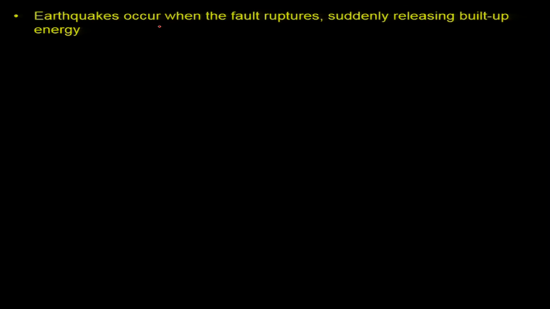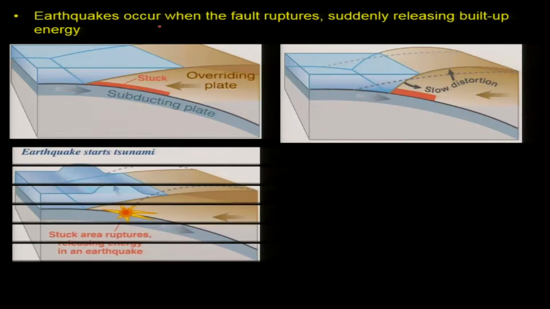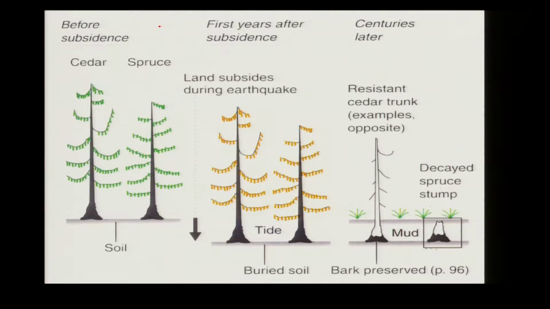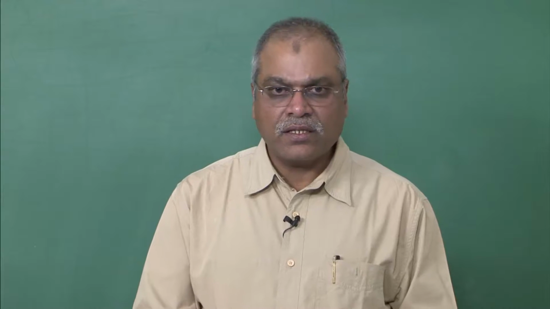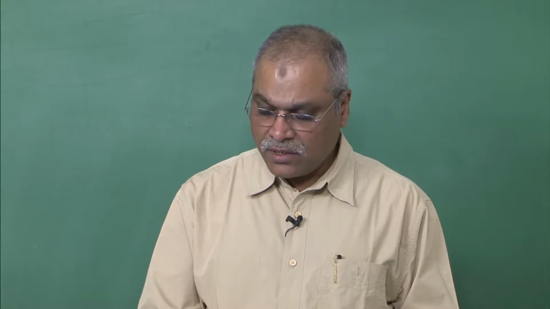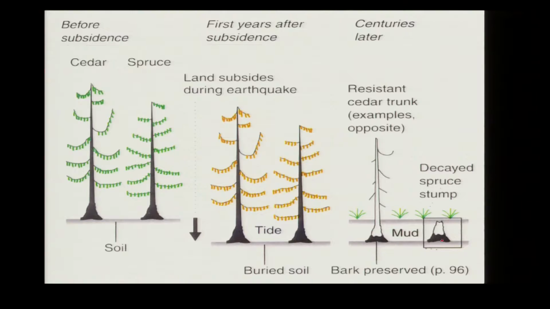Then coming to the past earthquake signatures in the sediments, this we have already discussed, so I will just move on. This is what I was explaining in the first couple of slides in the beginning: if you have subsidence, then you will have the preservation of dead trees, as we have seen from the Chilean earthquake, and then you will have the formation of another soil layer.